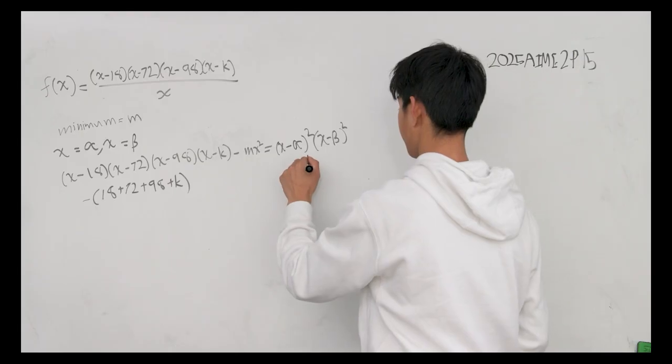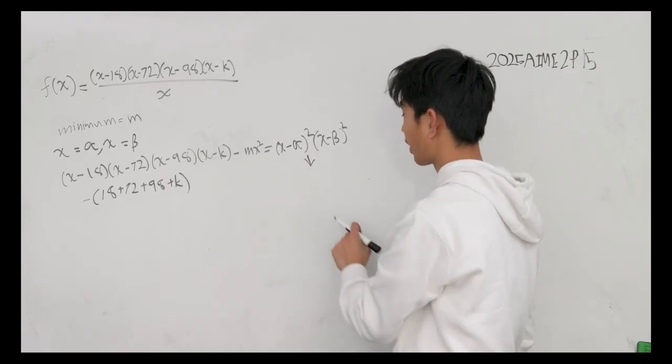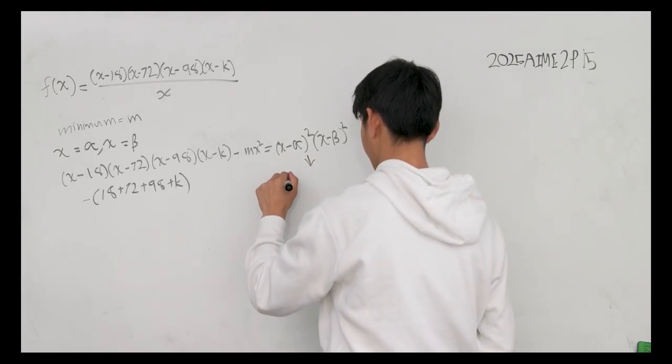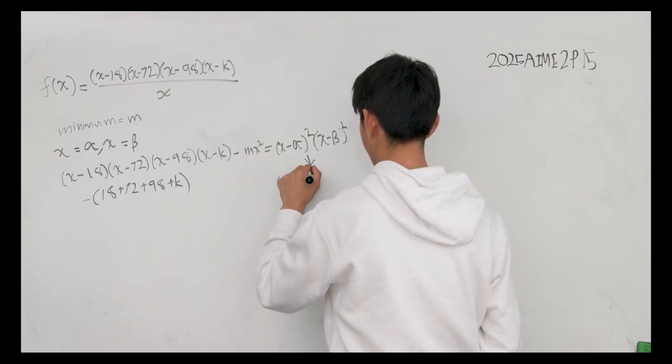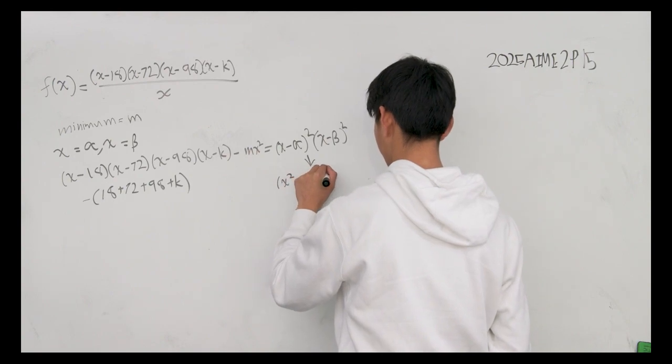Well, for this, if we multiply just (x - alpha)(x - beta), that is x squared minus x times (alpha plus beta).